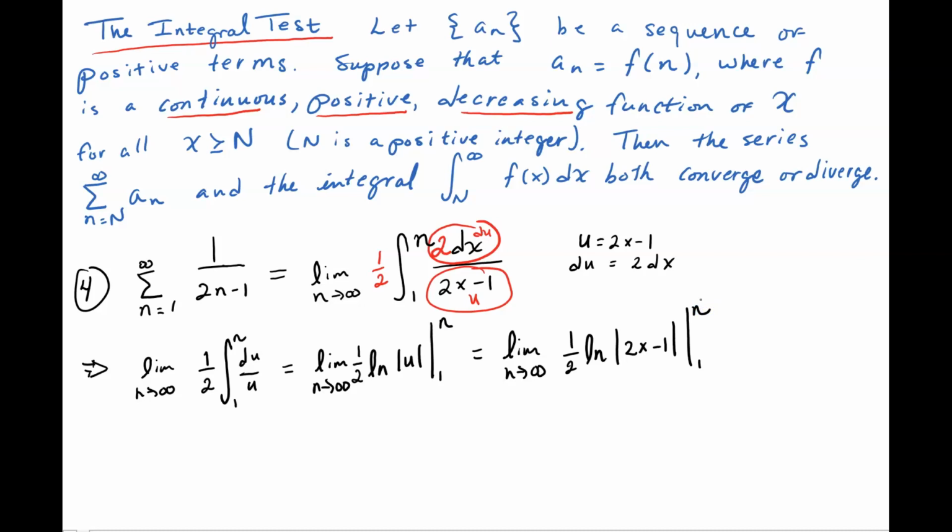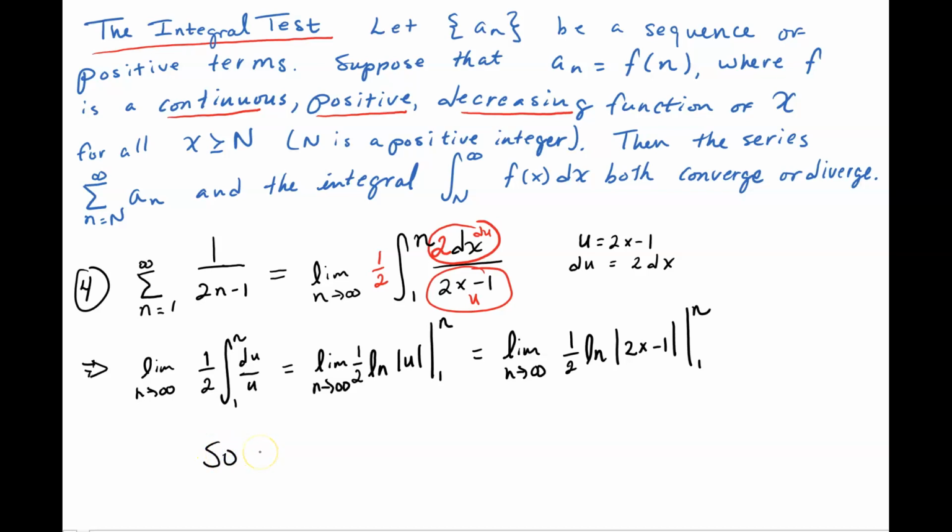So let's figure out what happens. When you have this 1 to n, you're going to end up with 1/2 the natural log of 2n minus 1. And you plug in the 1, 2 minus 1 is 1, natural log of 1 is just 0, so we really don't need to plug in the 1. We get 0. So what happens then as n goes to infinity? I want you to think very carefully about this, and you can verify.